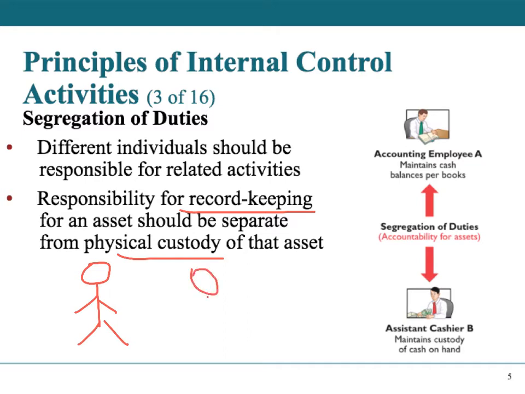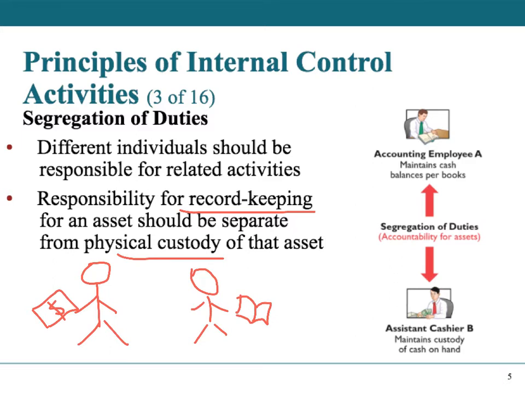So I will need to have at least 2. One will have, I'm going to give this guy cash or physical custody of the asset, and this one will have the records. So it will have the big book. So this is great. This is perfect.